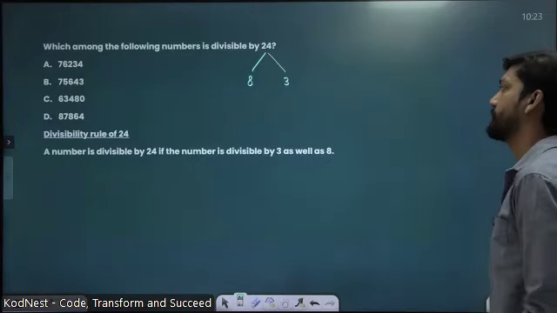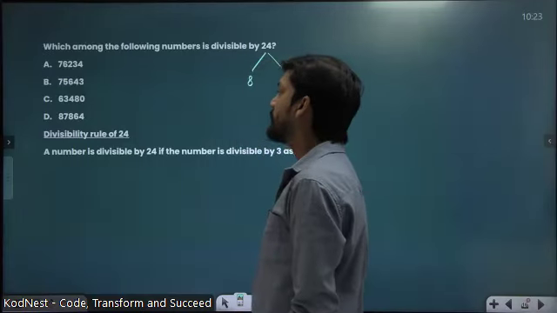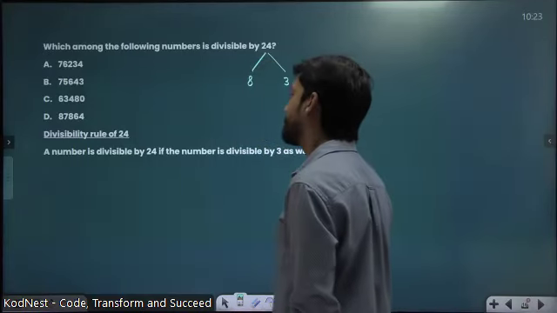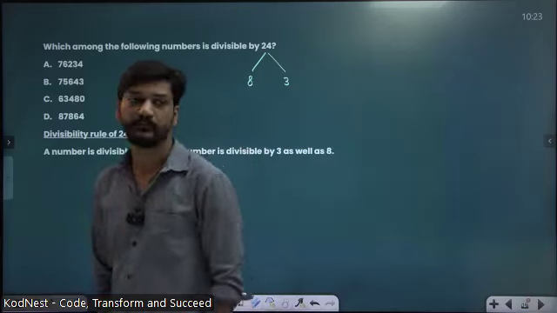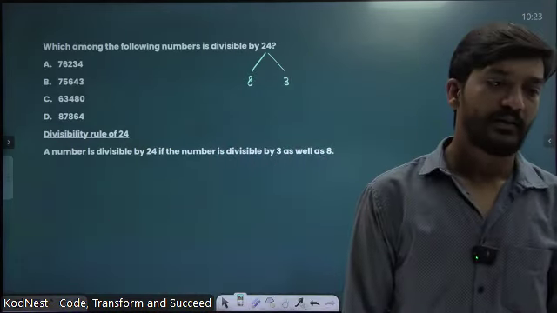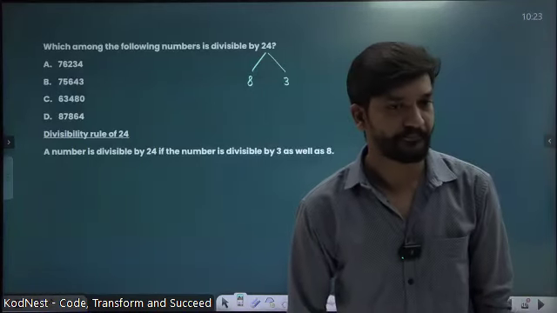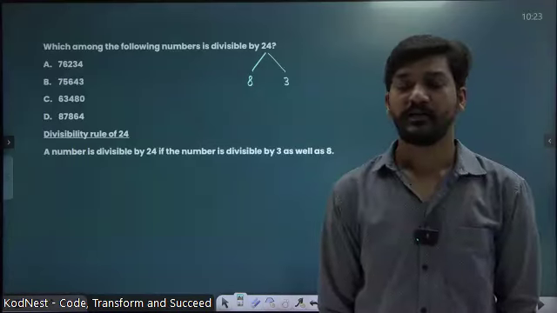See please. 234, 643, 480, 864. C option. Okay. Anything else?